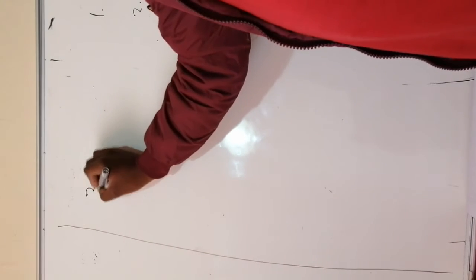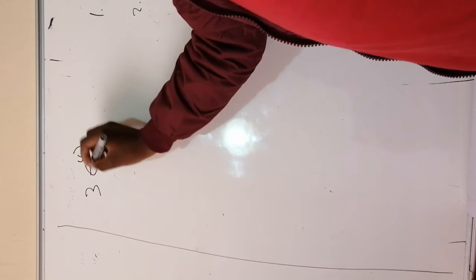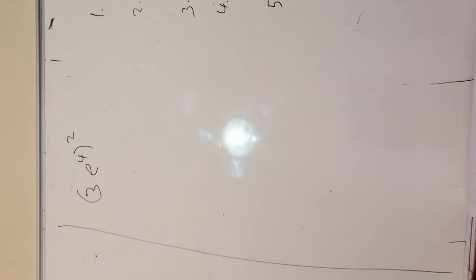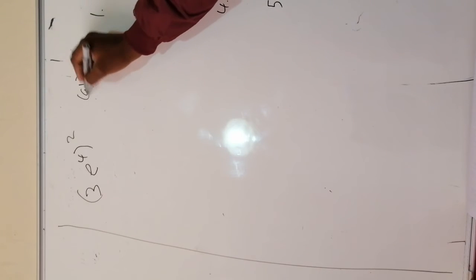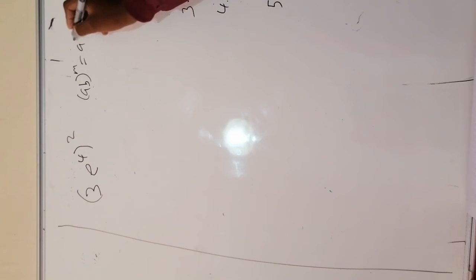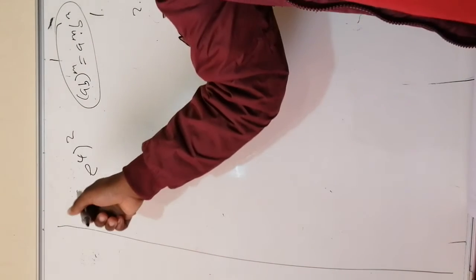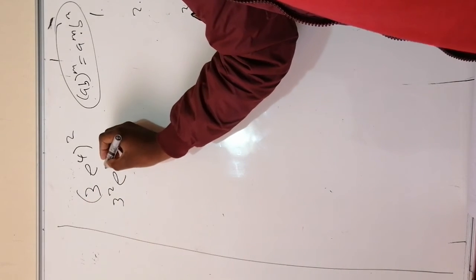If we have 3a to the power 4, all raised to the power 2. Remember the rule that says ab to the power m is the same as a to the power m, b to the power m. So we're going to apply that particular rule. So this is the same as 3 to the power 2, a to the power 4.